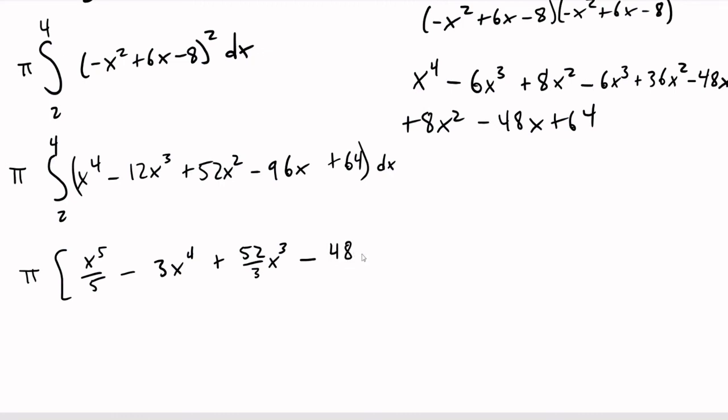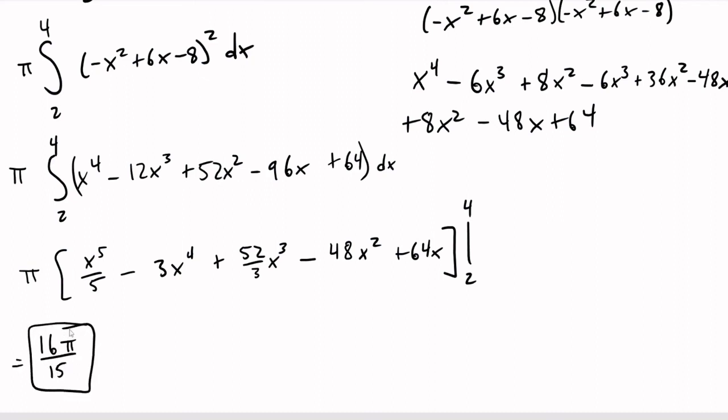That's 48x squared plus 64x. Whew. And then we're going to plug in 4 and plug in 2. Altogether, that's going to be 16 pi over 15, which you can go through that and check.